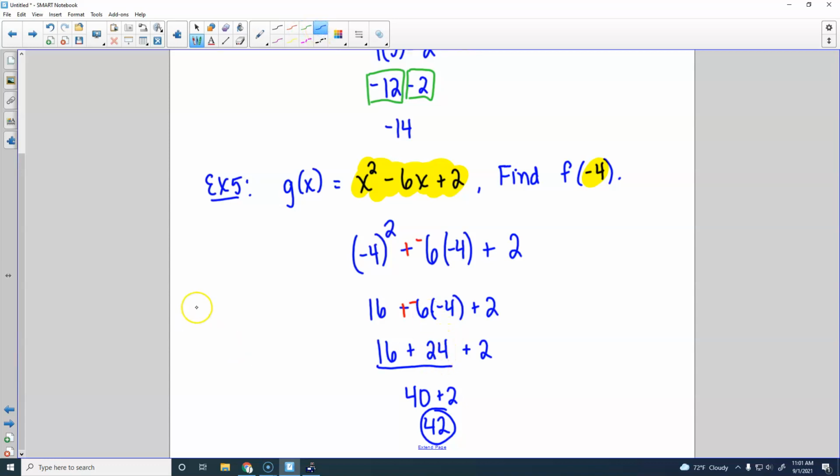Another way you could write this is you could think of it just like doing this part right here. 6 times negative 4 is negative 24, but you also have this minus out here. So if you did it that way, you'd have minus negative 24, which eventually becomes a plus there.